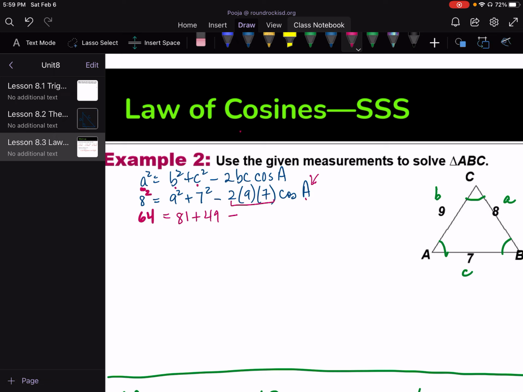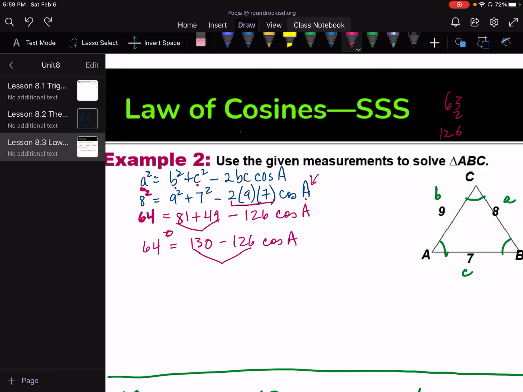Minus these three multiplied together, 63 times 2, 126 cosine of A. Now I'm going to add these two, 81 and 49. And people will be very tempted to subtract 126 cosine A from them.